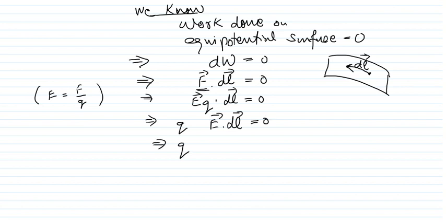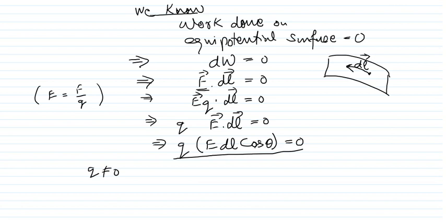It means Q E dl cos theta must be equal to 0. From this relation you can see that Q is not equal to 0 because we have a charge, E is not equal to 0 because some source charge must be present there, and as we have moved the charge, dl is not equal to 0.